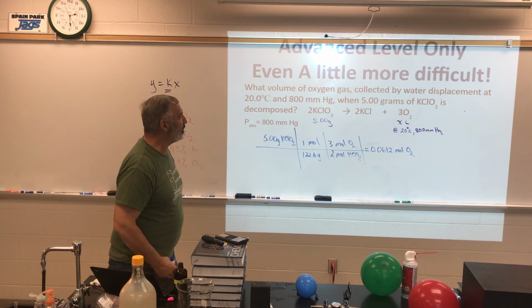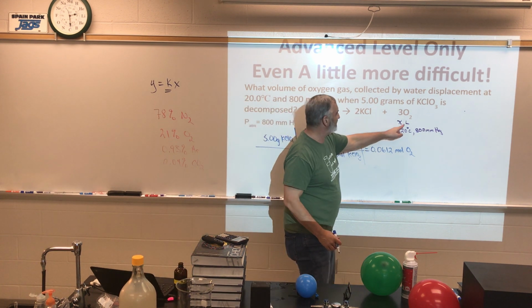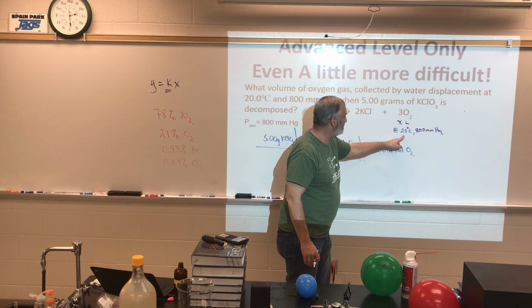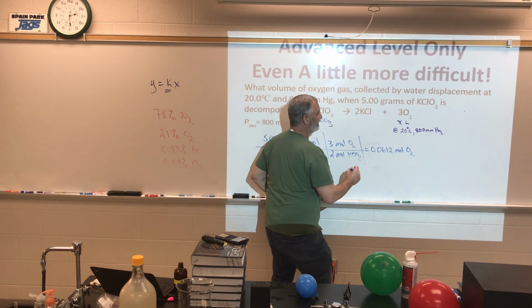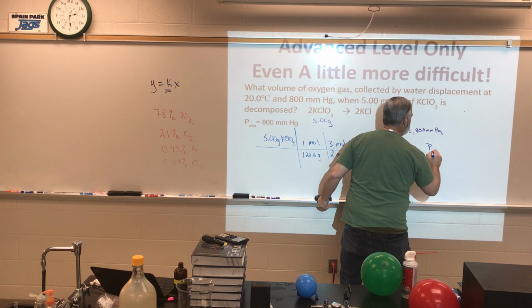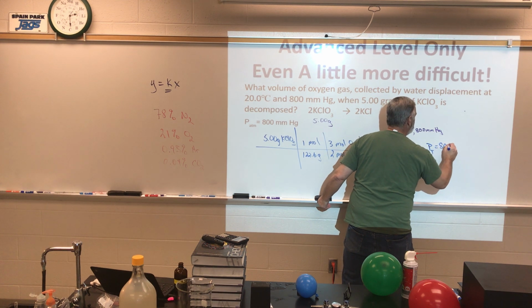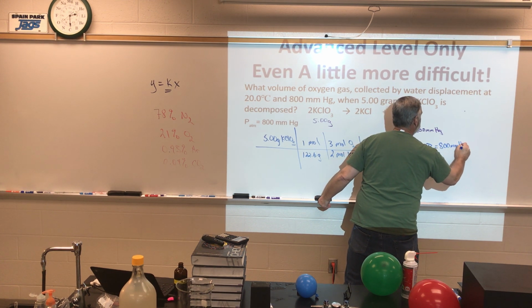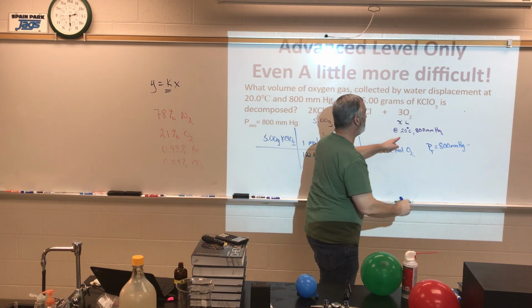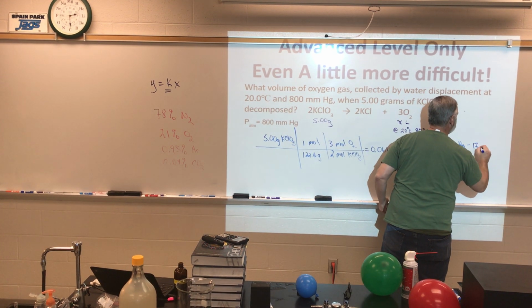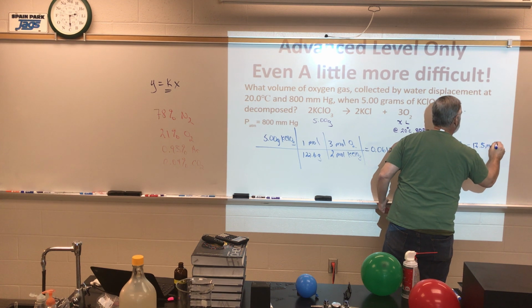So that's how many moles of oxygen I have, but I need to know liters at these conditions. So now this is where I'm going to plug in. We have to look at all these different things. Pressure: the total pressure is 800 millimeters of mercury, but I have to subtract out water vapor pressure. At 20 degrees, we already said it was 17.5 millimeters of mercury.